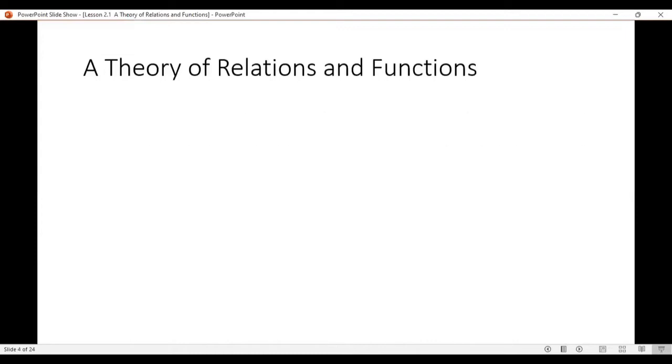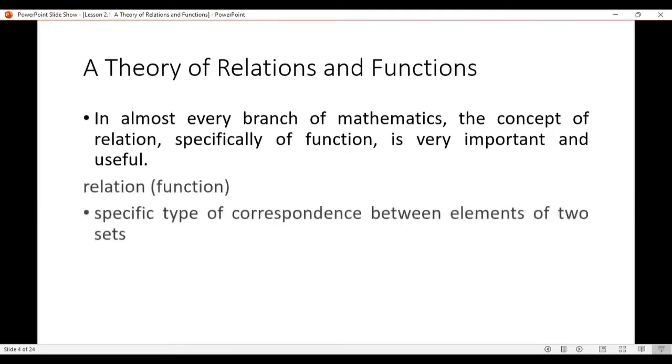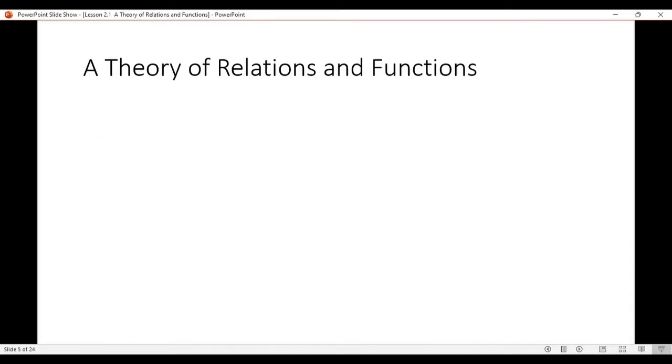A theory of relation and function. In almost every branch of mathematics, the concept of relation, specifically of function, is very important and useful. A relation is a specific type of correspondence between elements of two sets.